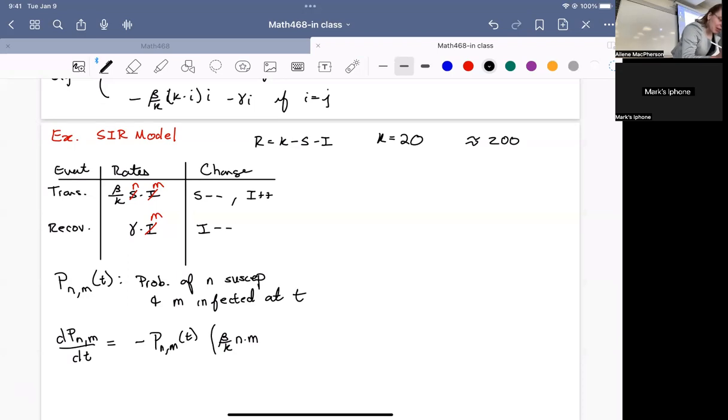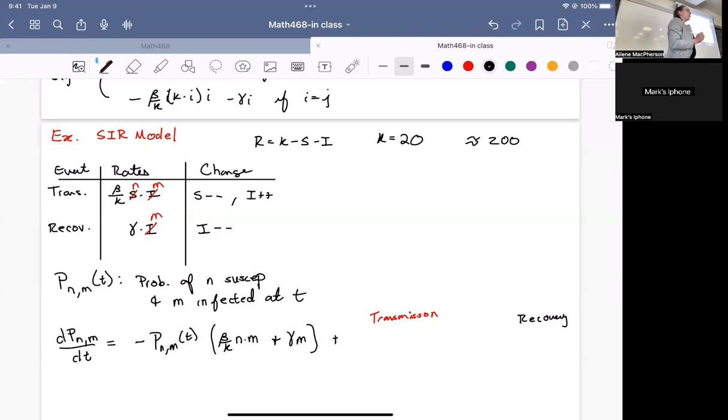Plus gamma M, right? So that's the total rate at which you flow out. You can flow into the state in two different ways. You can flow into the state by having a transmission event, or you can flow into the state by having a recovery event.